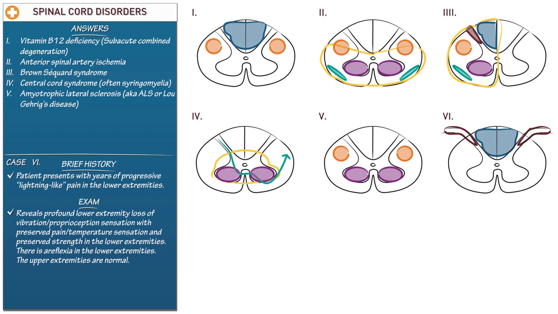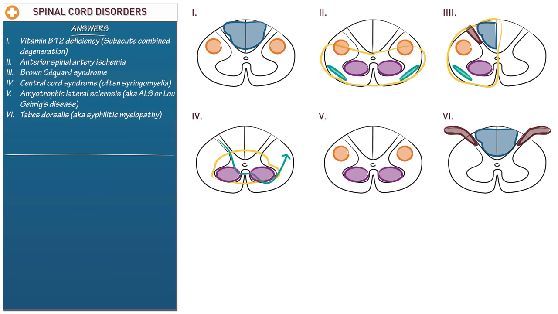The dorsal root involvement causes the lancinating pain, presumably from irritation of the pain temperature fibers. Indicate that this constellation of deficits suggests a diagnosis of tabes dorsalis, also known as syphilitic myelopathy, in which the posterior columns and dorsal roots are affected.